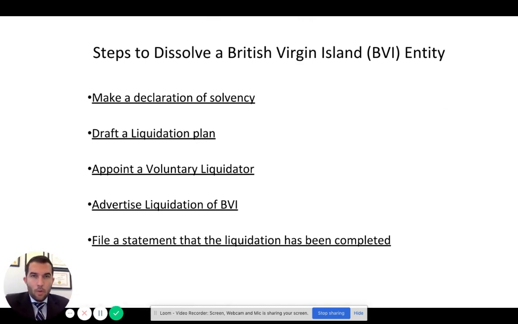And today I wanted to go over the steps to dissolve or to close a BVI. Well, the first step is to draft or make a declaration of solvency. This basically is a form in which you state that the company will be able to take care of any debts or liabilities throughout the process, and any debt or liability that may arise after the liquidation has been completed.